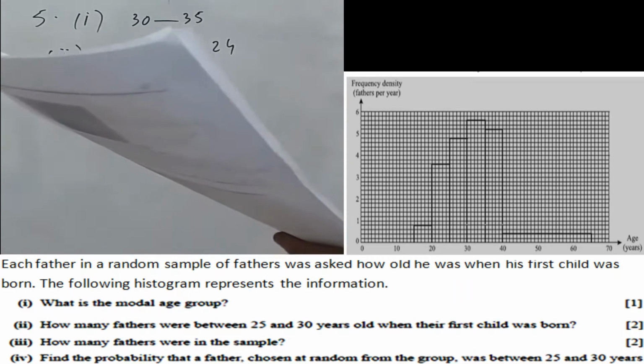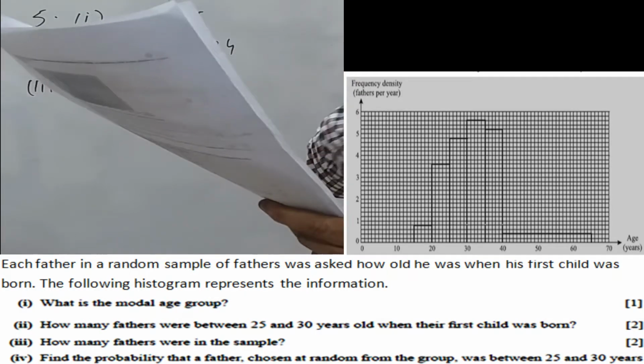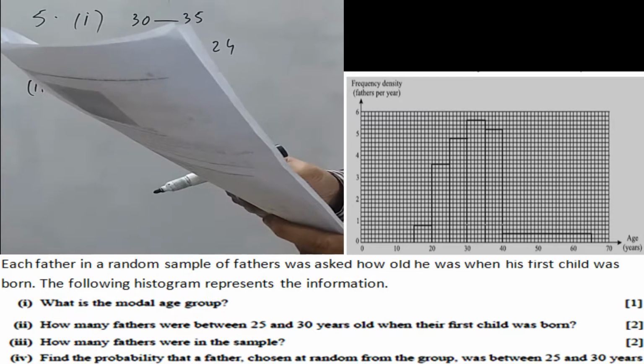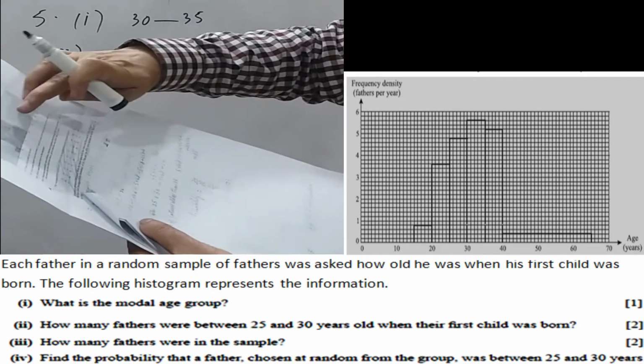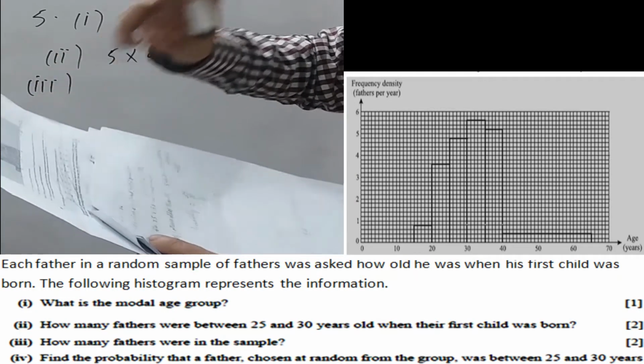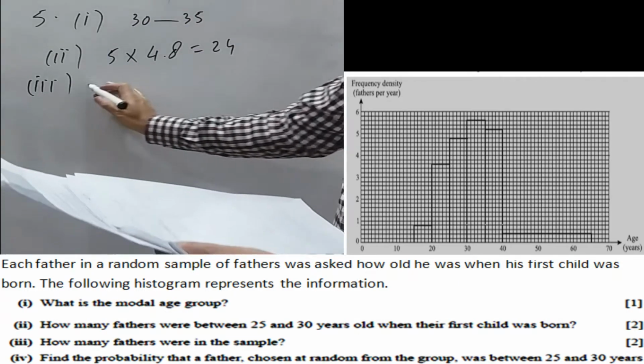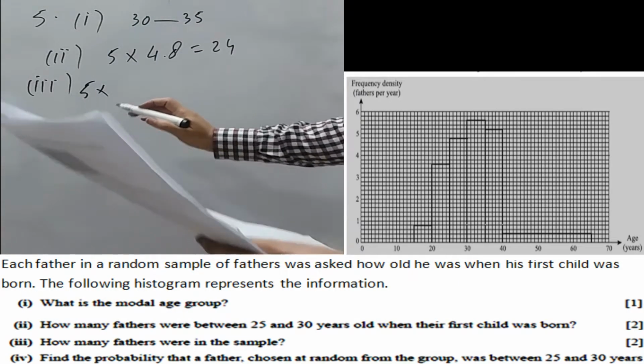Then we have the third part. You are asked to find how many fathers were in the sample. So find the areas of these rectangles. The areas are the frequencies. Areas are always frequencies in a frequency density histogram.